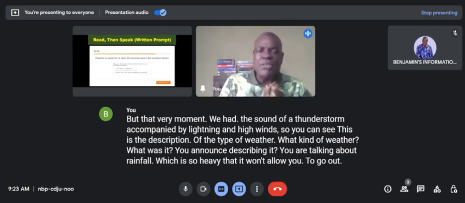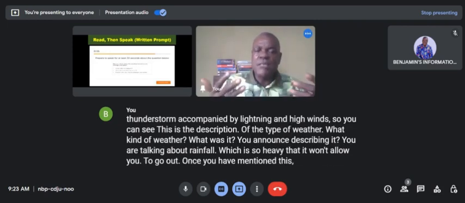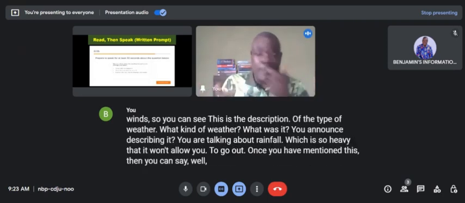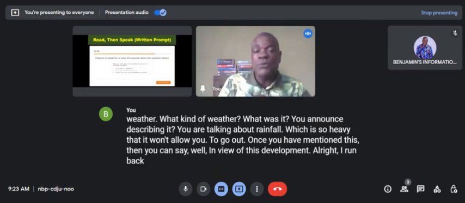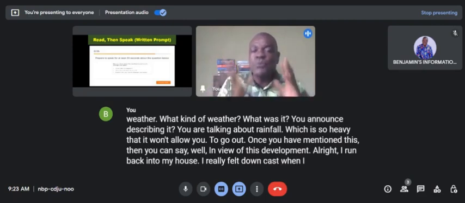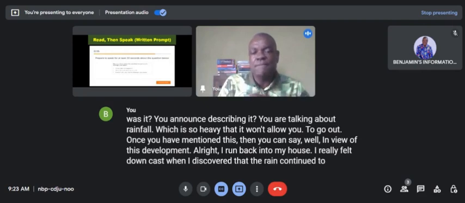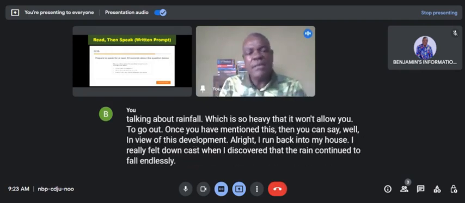Once you have mentioned this, then you can say, well, in view of this development, I ran back into my house and I really felt downcast when I discovered that the rain continued to fall endlessly. Okay?